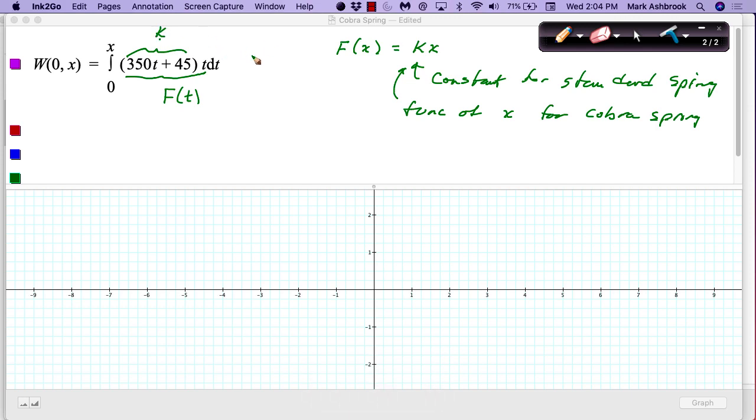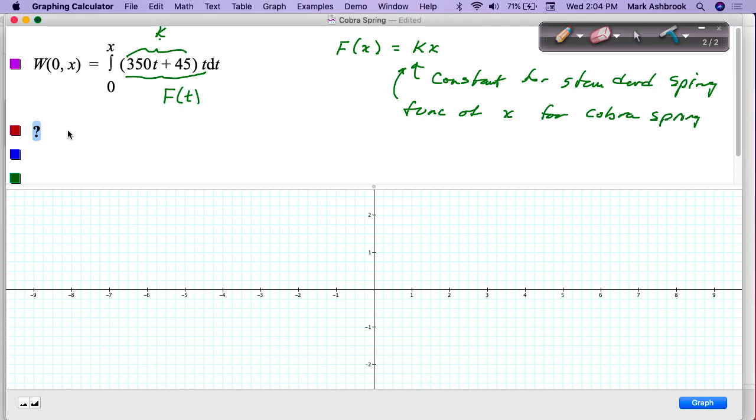Then it asked, the spring itself was 0.3 meters, or 30 centimeters, and we're going to push it all the way down. That would be 100% of the work. So how would I figure out 100% of the work if it's 0.3 meters and I'm going to push it all the way down?